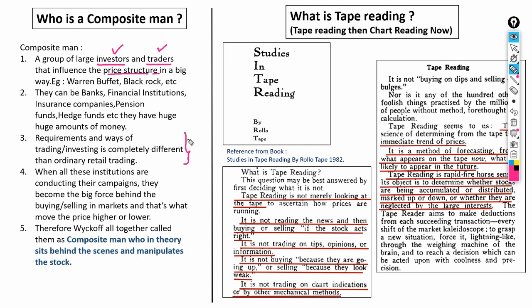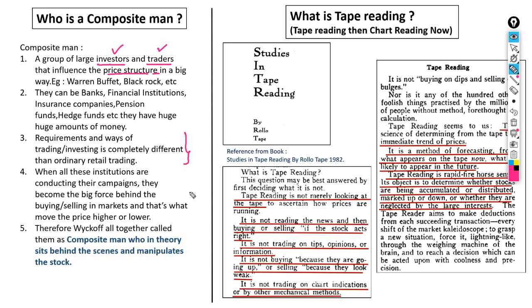Okay, and when all of these institutions are conducting campaigns, they conduct them either to accumulate stock or to distribute the stock. Definitely they tend to be the big force behind the buying and selling in the markets. Okay, and that's what moves the prices higher or lower. So altogether Wyckoff called them a composite man. It is just a theoretical term, I will say.